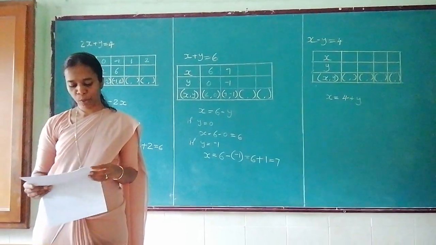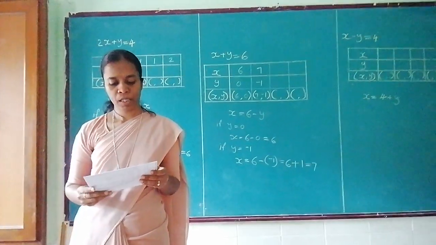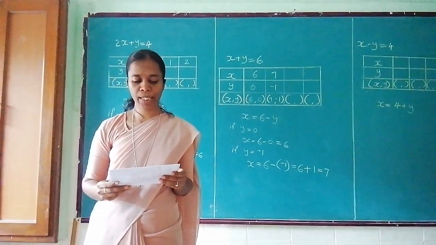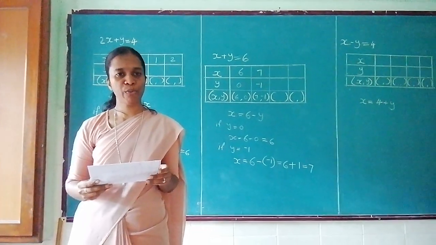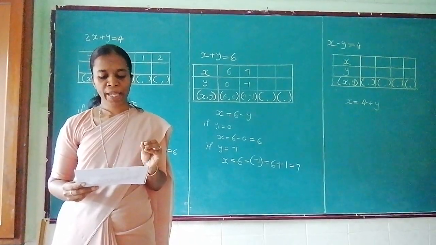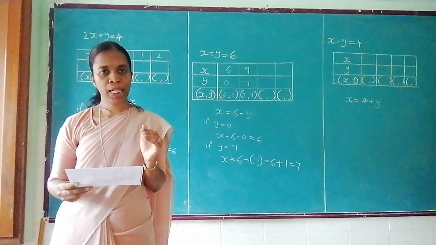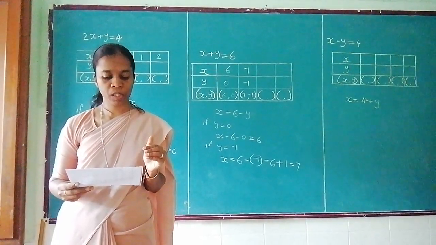For your second point, please write. In graphical method, first draw the table and find the coordinates. Draw the axes and name them. Write the scale.